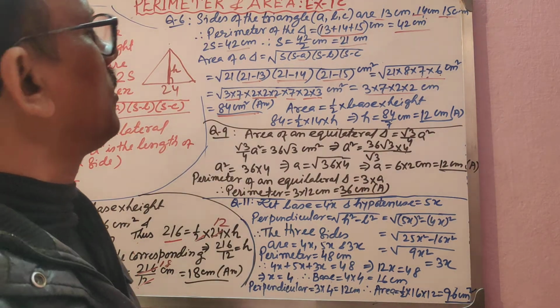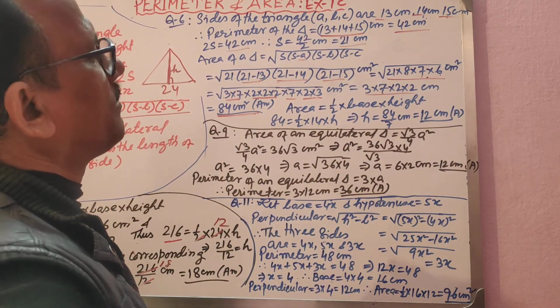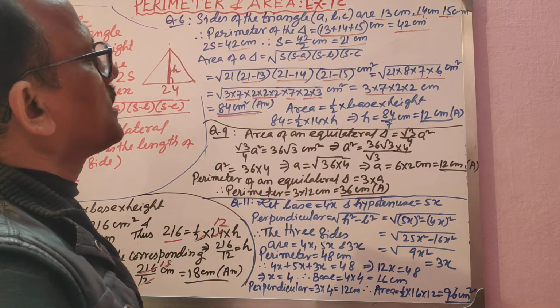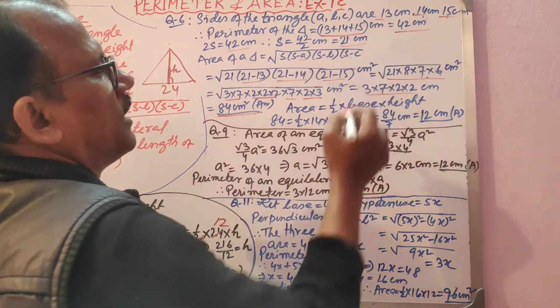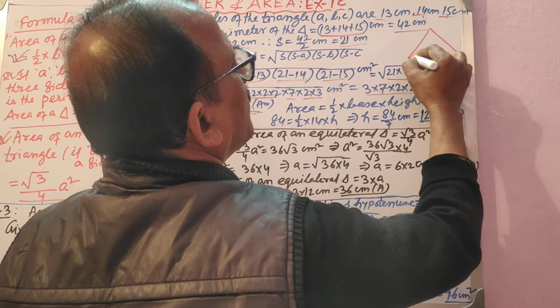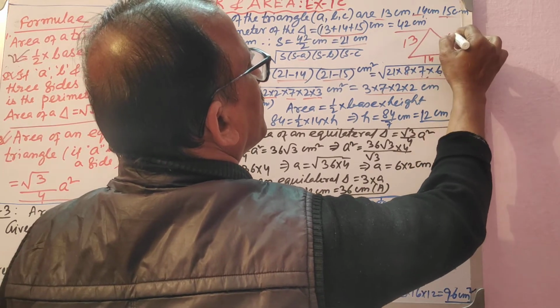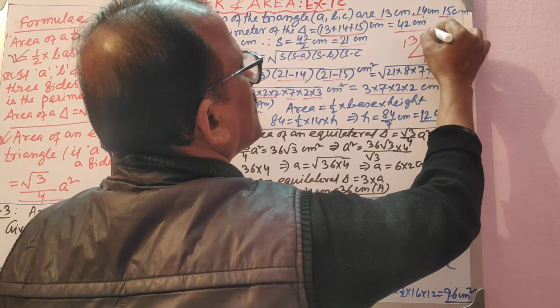You need to find the height where the base is given to you, where the base is 14 centimeter. They are telling us in this triangle, 13, 14 and 15. Now you have to find this height.